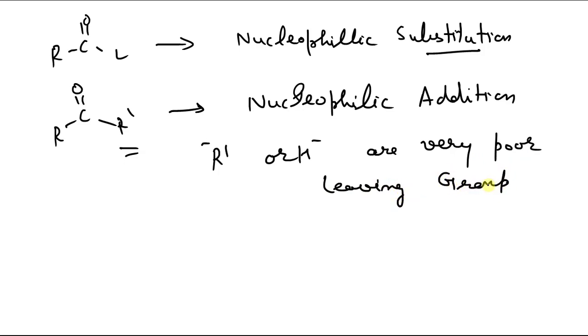Why are they poor leaving groups? Because they are very strong bases. Now why they are very strong bases, let us check their conjugate acid.